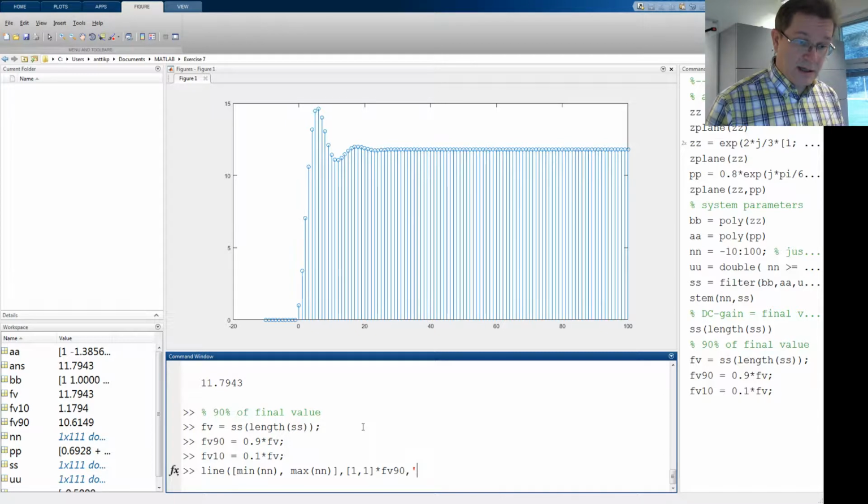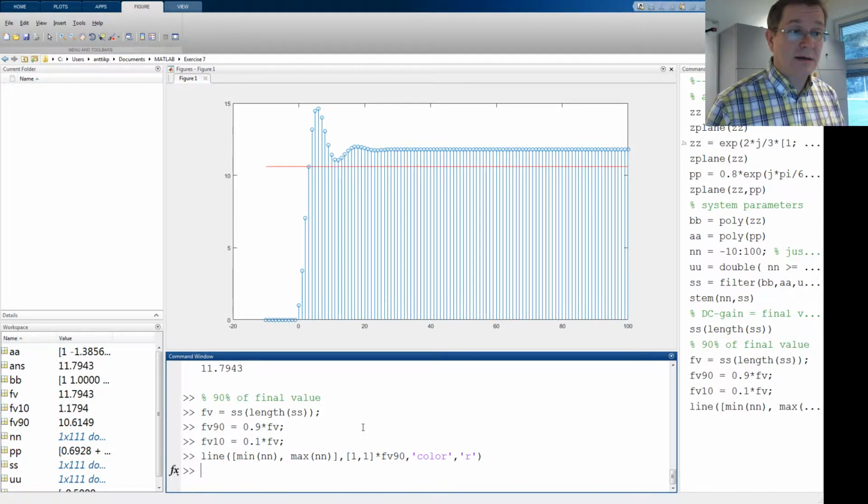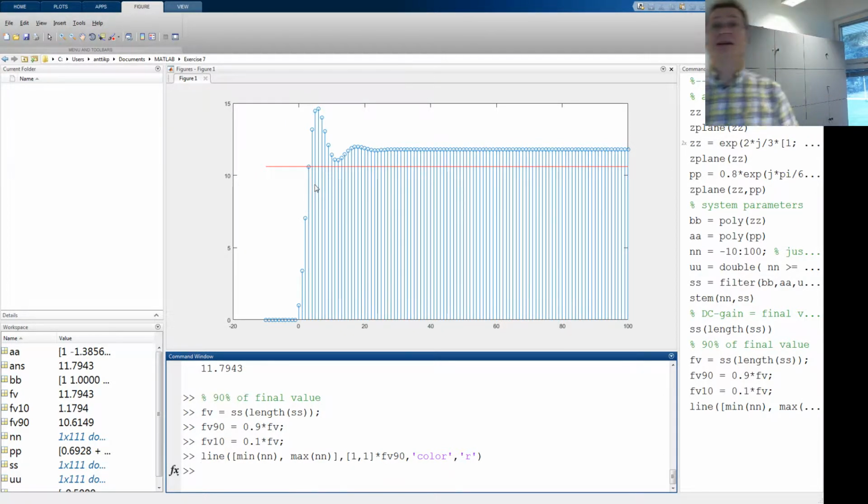All right, and color is blue, red. All right, there we go. That's the 90% rise time. Oh, it looks like 0 1 2 3. So the rise time is 3 time steps.